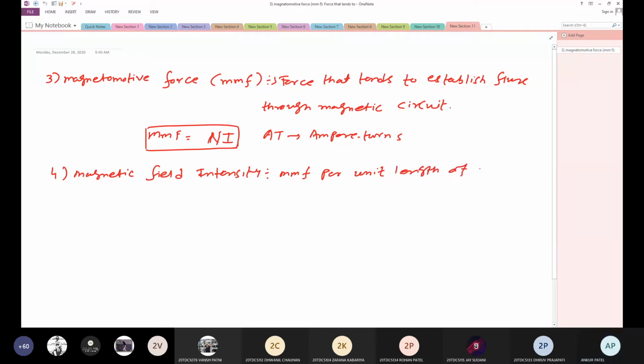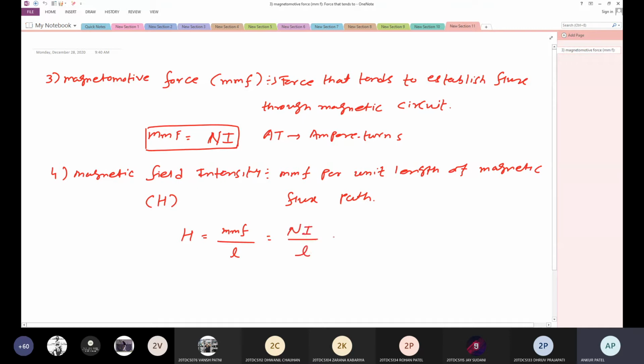It is denoted by capital H. So H is equal to MMF per unit length, which is Ni by L.